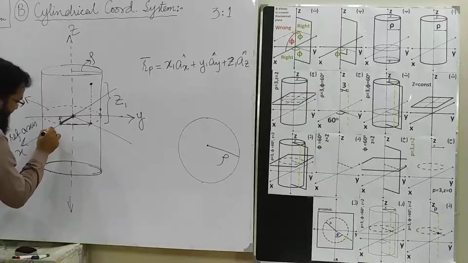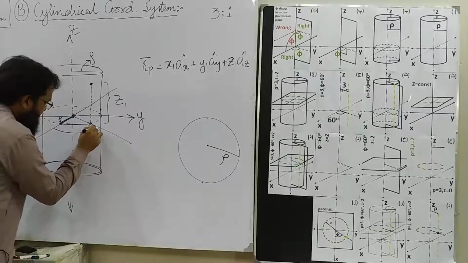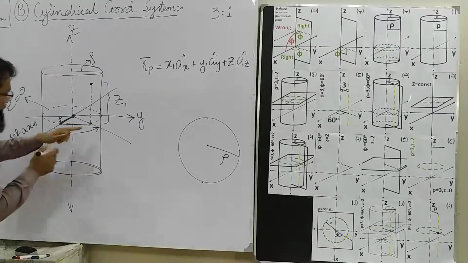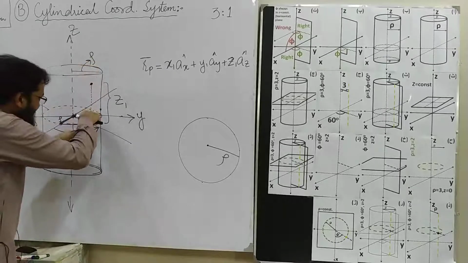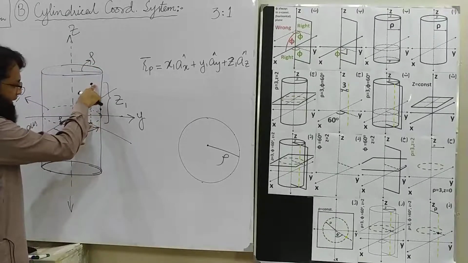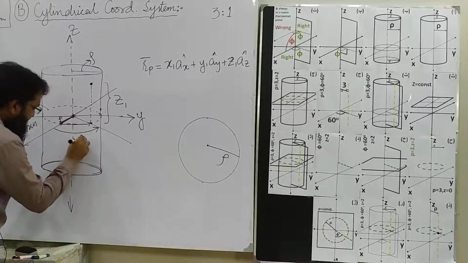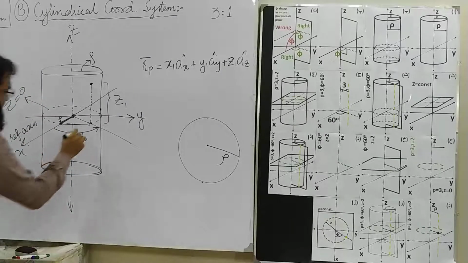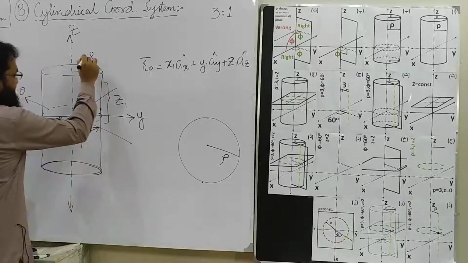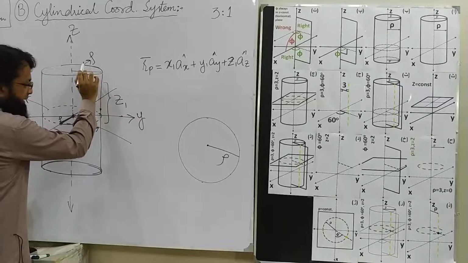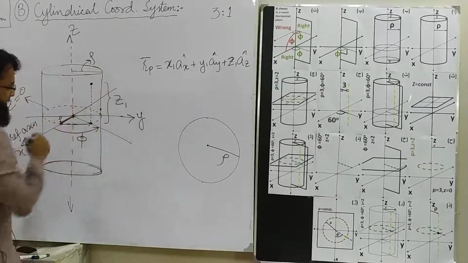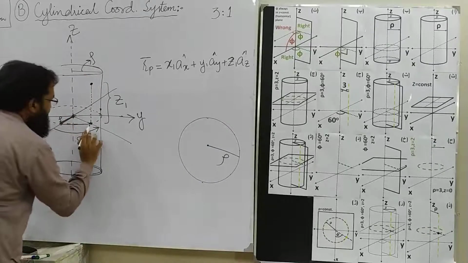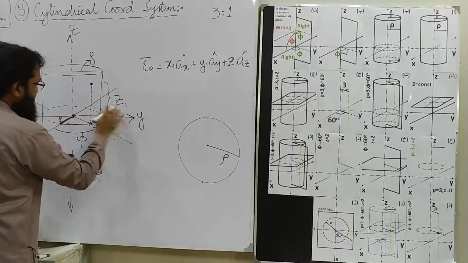The coordinate which gives you the point directly beneath the target point is an angle, and we represent that by phi. And then finally move in the direction of z, similarly to the way we did in the Cartesian coordinate system. How many units? z1 units.